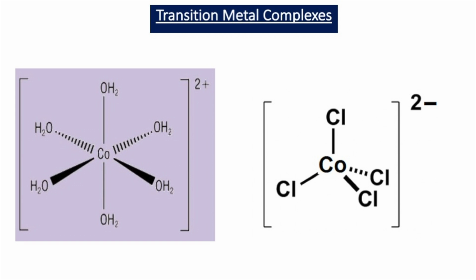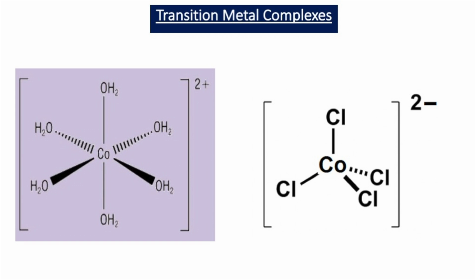But really, the definition should be the number of coordinate bonds that form to the transition metal ion within a complex. In other exam boards, students come across ligands that form multiple coordinate bonds to a transition metal ion, and therefore it's important to be aware of this definition.